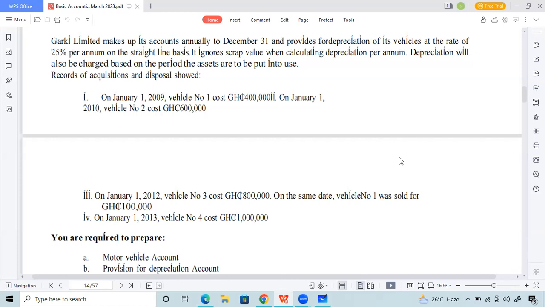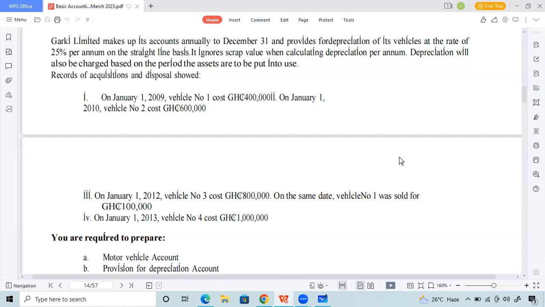The record of acquisition and disposal show the following. On January 1, 2009, vehicle number 1 was bought at a cost. The second additional information: on January 1, 2010, vehicle number 2 was also purchased. On January 1, 2012, vehicle number 3 was also purchased at the cost of 800 Ghana cedis.